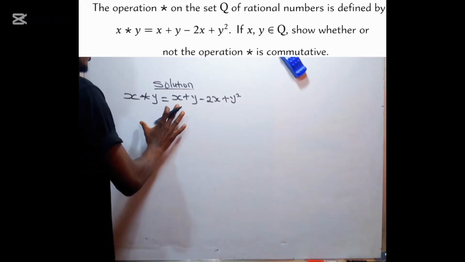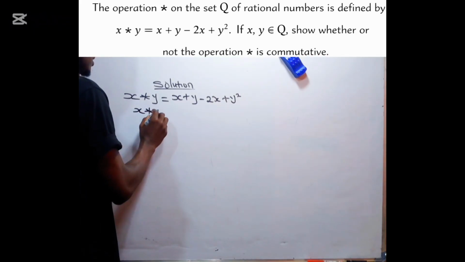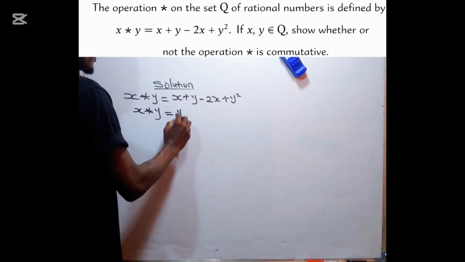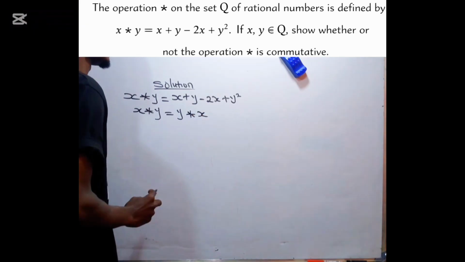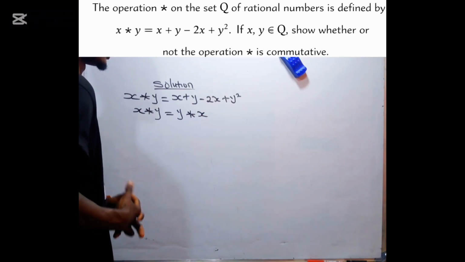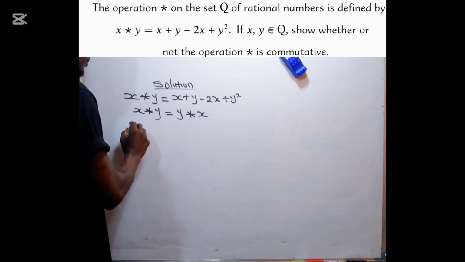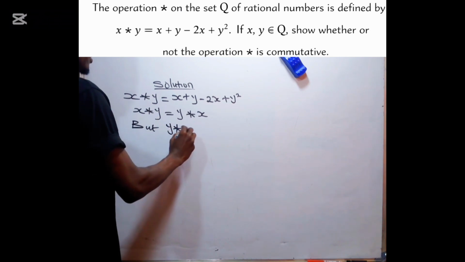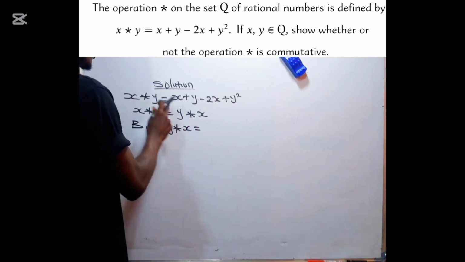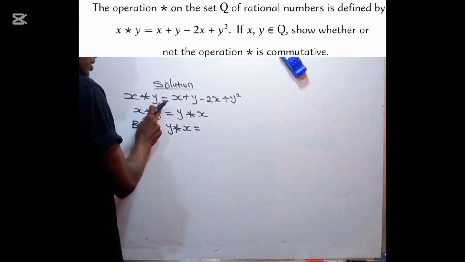And recall, we said the law of commutativity simply says that if x asterisk y is equal to y asterisk x, then the operation is said to be commutative. Now let's find y asterisk x. x asterisk y is x plus y, which is the first term plus the second term.